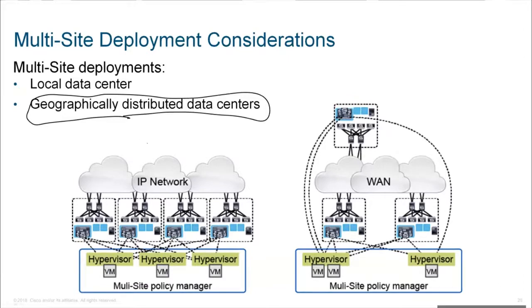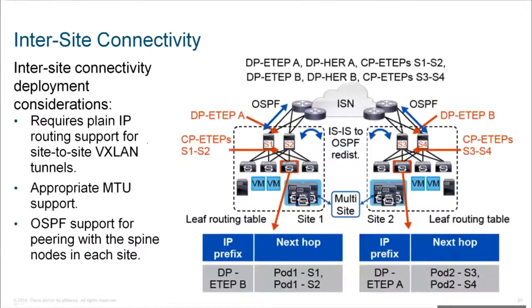And you can even do VM migration across these. So that's the beauty of Multi-Site, though more expensive. Not only is it control plane fault isolation, but also from an administrative domain, they are completely independent.